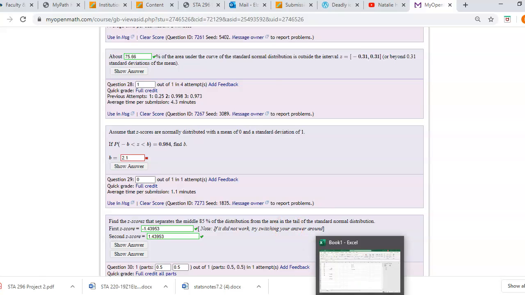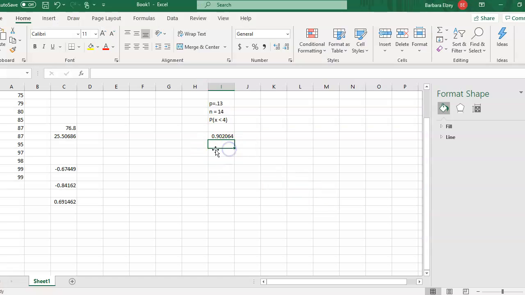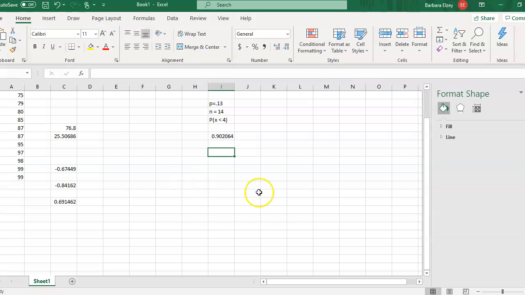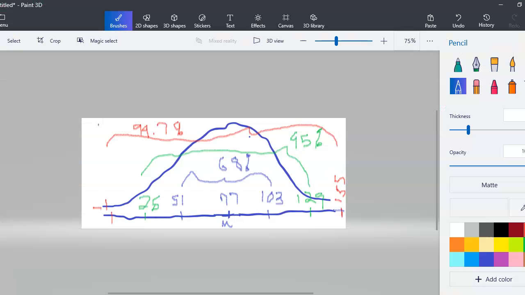Okay, so let's see. I'll do it in Excel. What was that probability again? 0.984. Okay, so remember that our normal curve is a nice symmetric curve. In fact, I might even have one drawn right here from having done the project for you all.